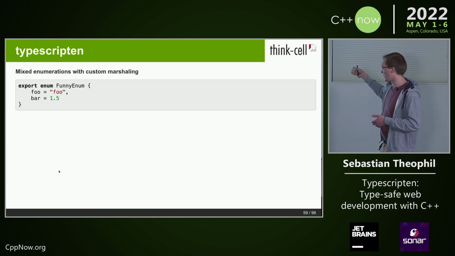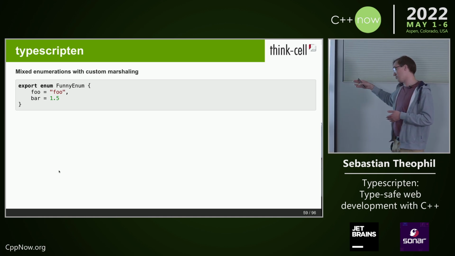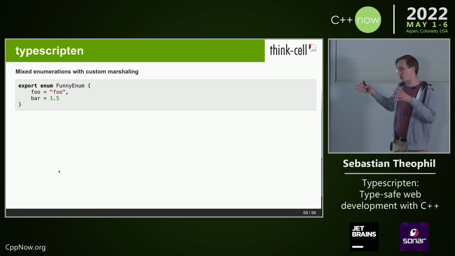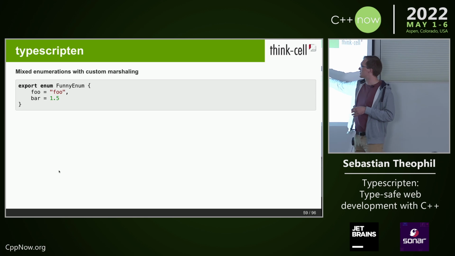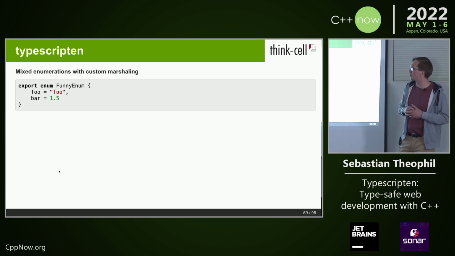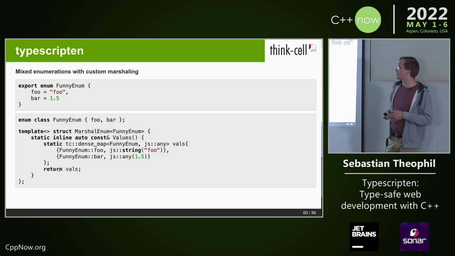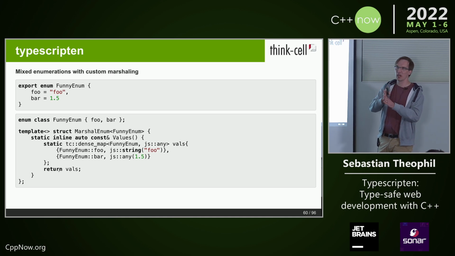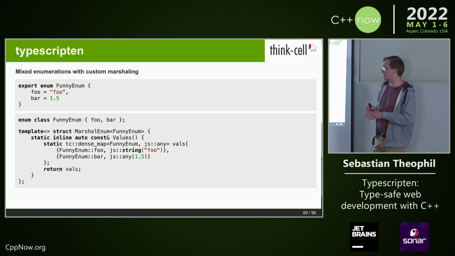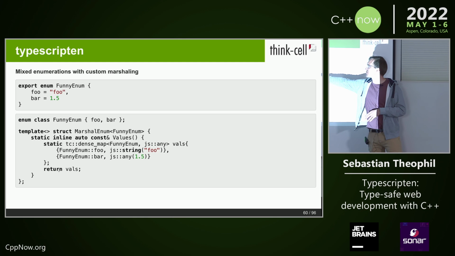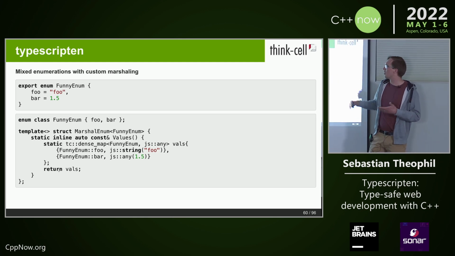So then there's here another customization point that might also exist when you do other language-to-language translations, which was interesting here for these mixed enumerations that TypeScript has. We can also customize the point where we communicate between one of the runtimes and the other runtime, and send data. So here in C++, we just generate a normal C++ enumeration and use that.